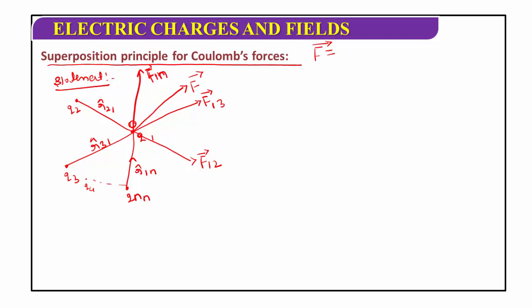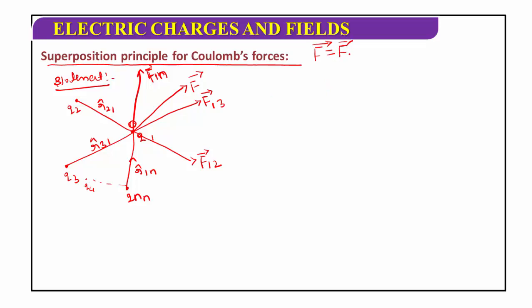According to the principle of superposition, when a number of charges are present, the total force on a given charge, vector F, is equal to the vector sum of the forces due to the individual charges.